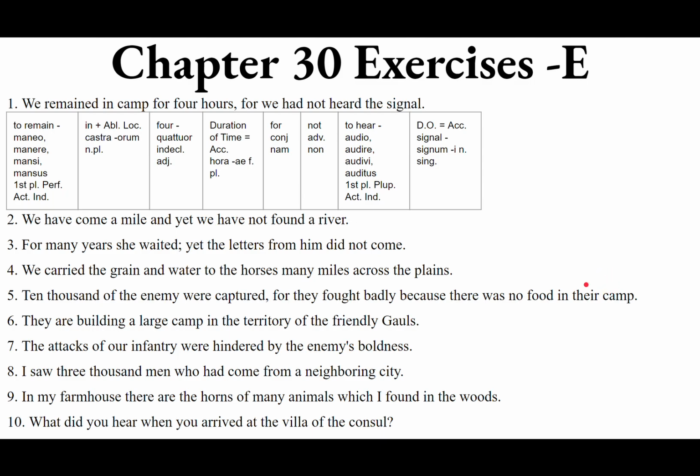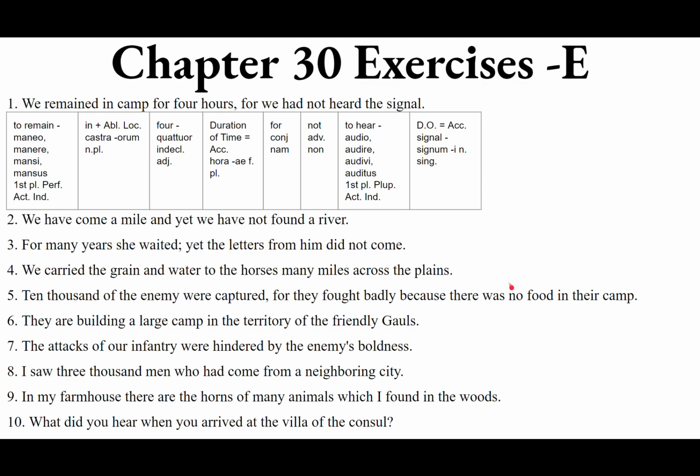Whose camp? The camp of them. So if you wanted to include the 'their', you could say eorum, but you don't really need to. We know it's their camp. In plus the ablative of location, castra, castrorum, always neuter, always plural, in castris.